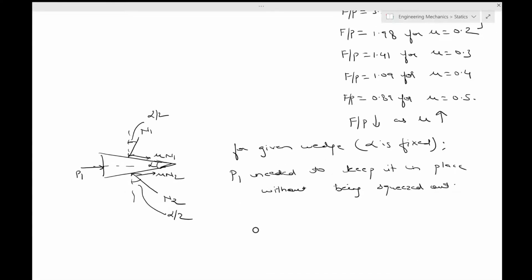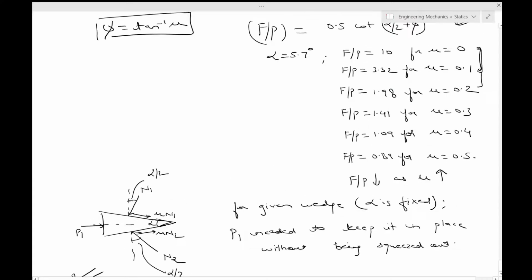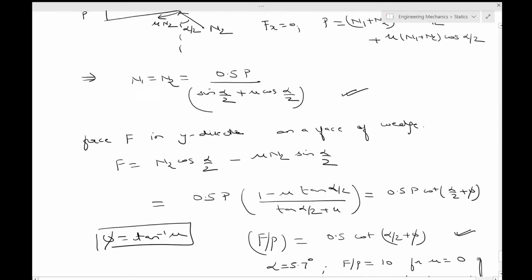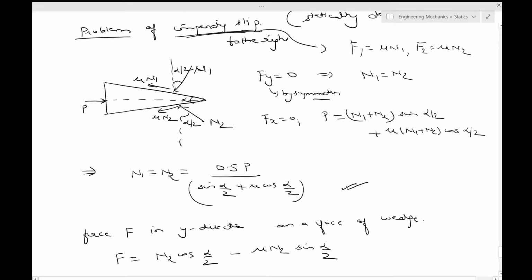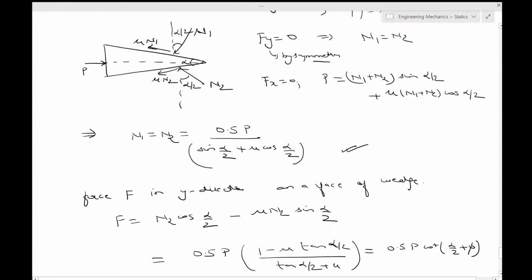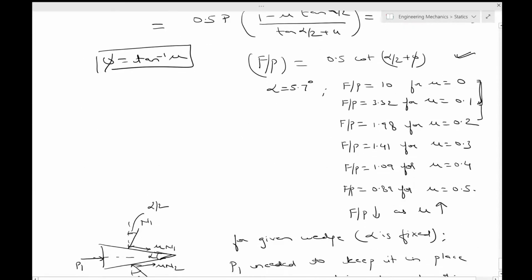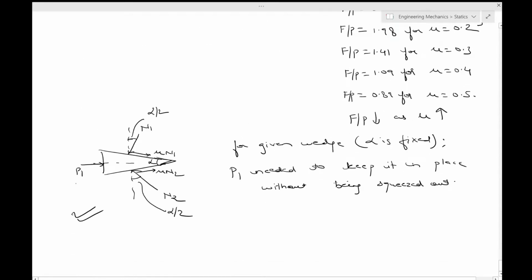Now in this case, the direction of F gets reversed, and that is shown in this figure. So what we have is this situation. You can see that there is this outward mu N1 which is squeezing out. But now the objective of this inward P1 is that it should keep it in place without being squeezed out.